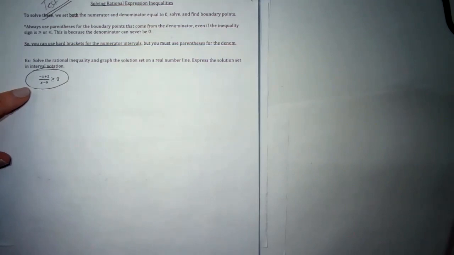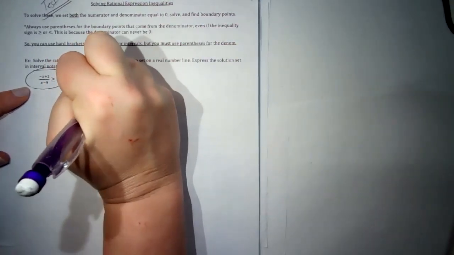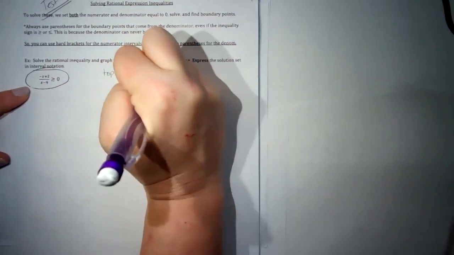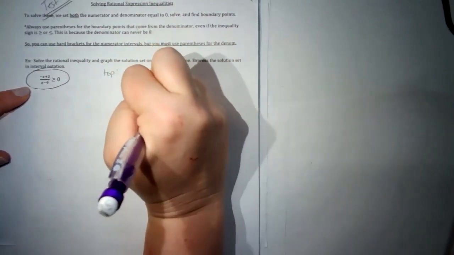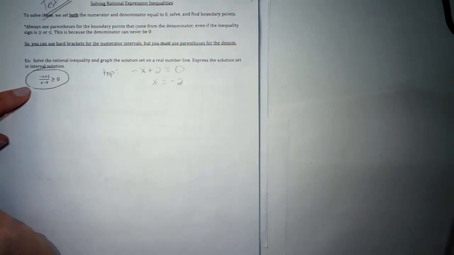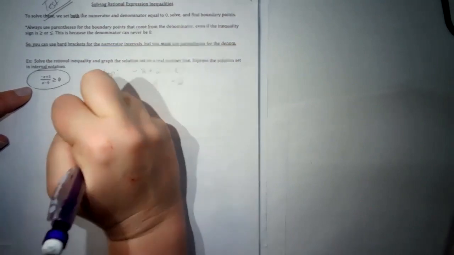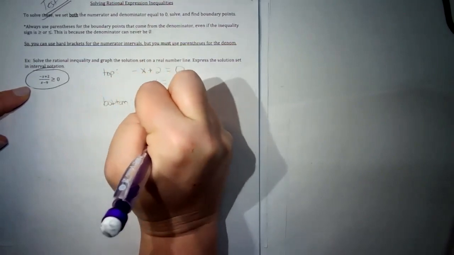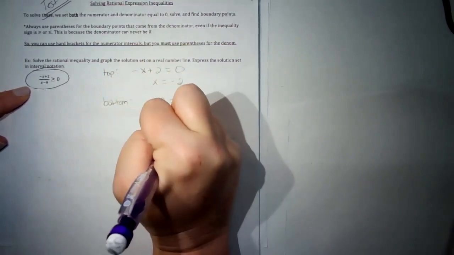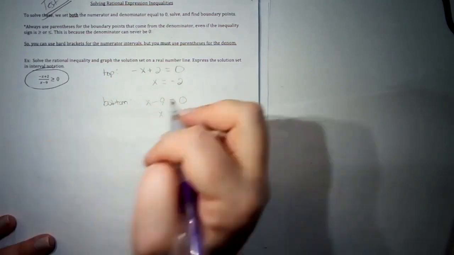Here we go. If I set the top equal to 0 and solve, what I'm going to end up with is that x equals -2. If I take the bottom and I set it equal to 0 and solve, I get x equals 9.